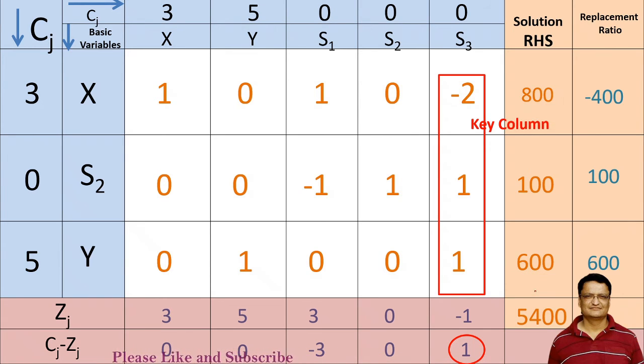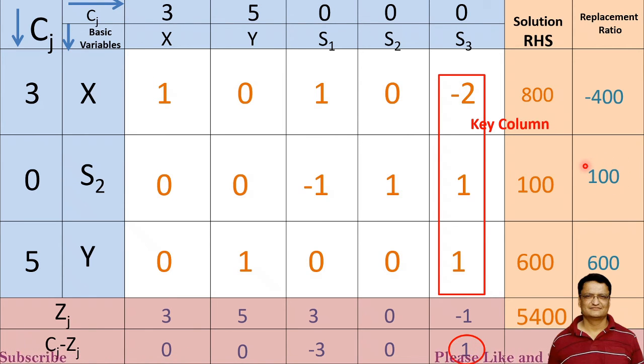Now you must be thinking that we consider the most minimum value as the key row, but we should not consider any negative value in the replacement ratio. We have to consider the minimum positive value, right? This is a very, very important point.